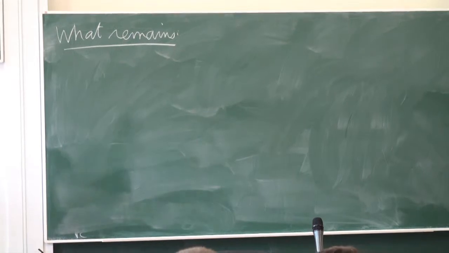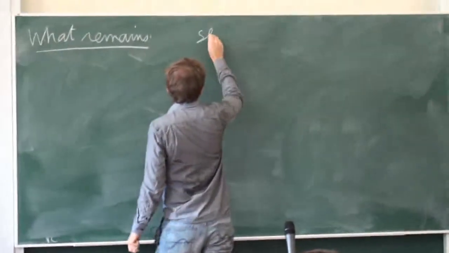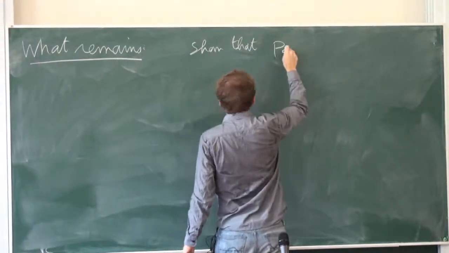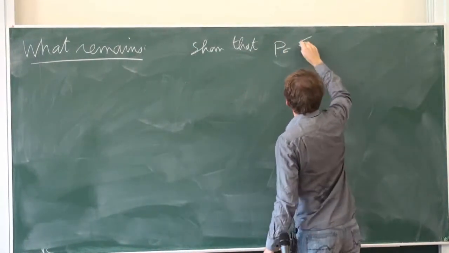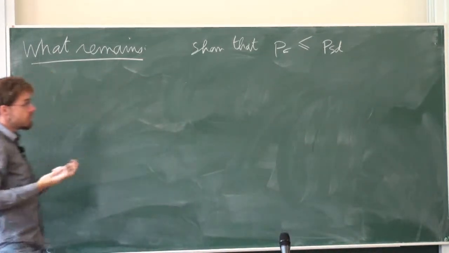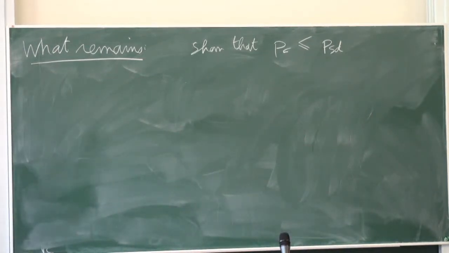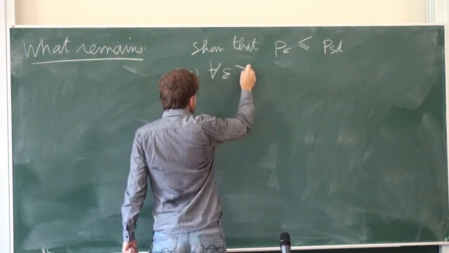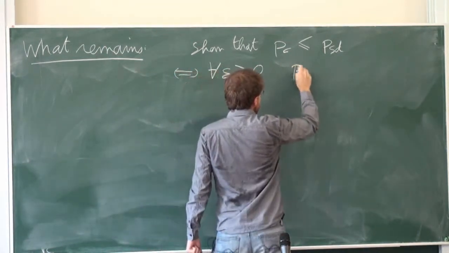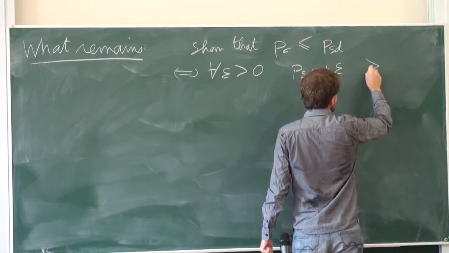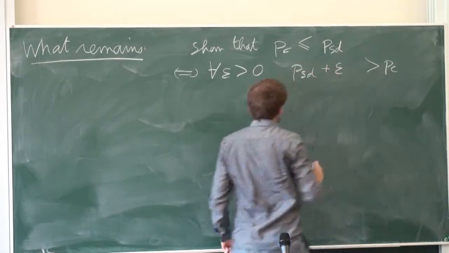So you want to show that PC is at most equal to P self-dual, and for that we'll show that for any epsilon positive, P self-dual plus epsilon is supercritical.